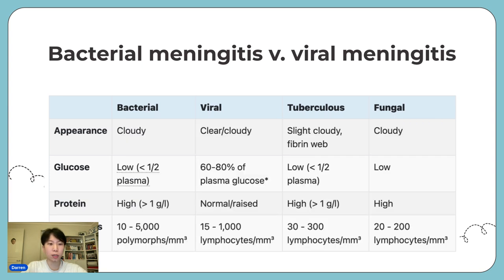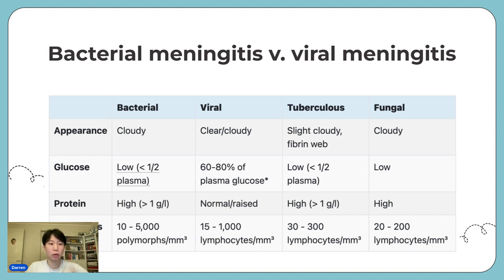So for me, the main ones I looked at were glucose and protein. And I mainly focused on bacterial and viral as well. So glucose in bacterial is low because the bacteria eat glucose, and the protein is high in bacterial for two reasons, I think. One is that when bacteria are bigger, so when they go into the brain, they break the proteins, and so there's more protein in the blood.